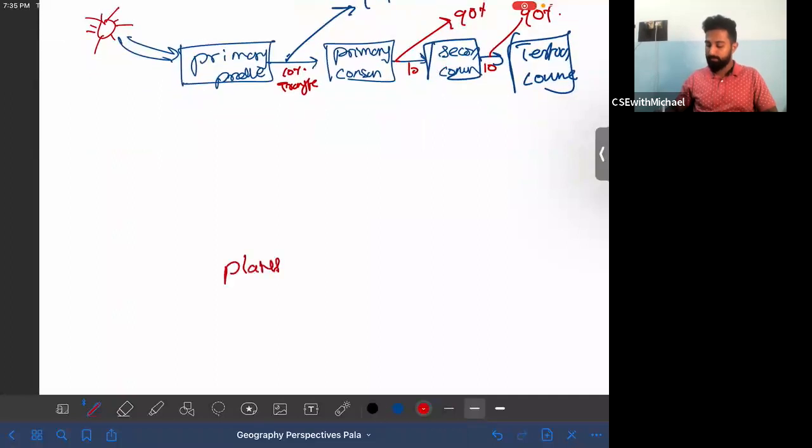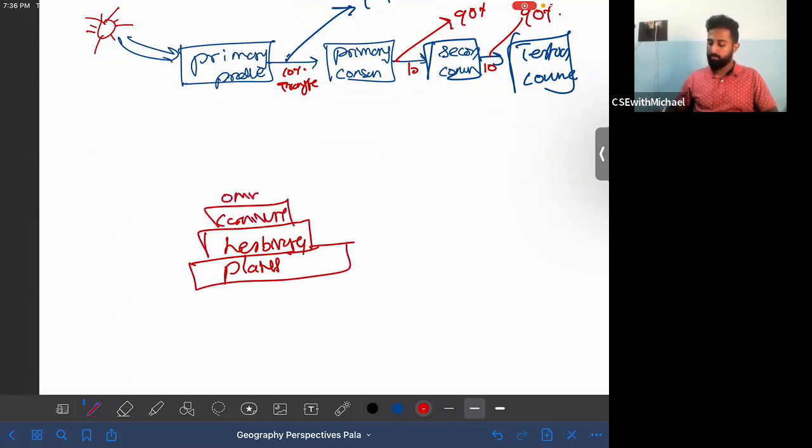Plants, herbivores, carnivores. That's good.